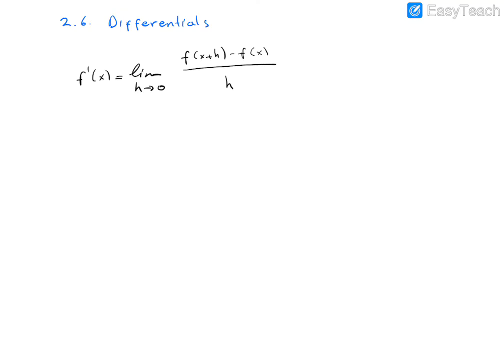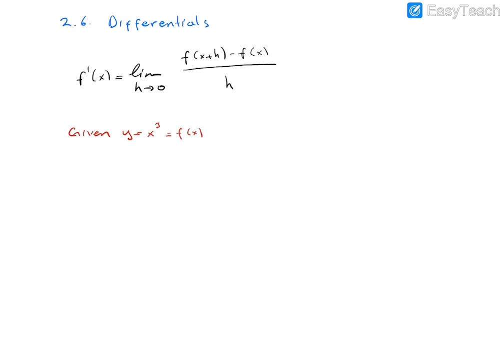Increment notation enables us to interpret the numerator and denominator of the difference quotient separately. Okay, so for the given function y equals x cube, if you want you can denote it by f of x.